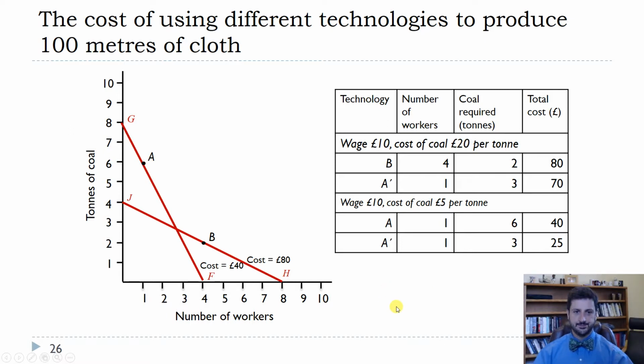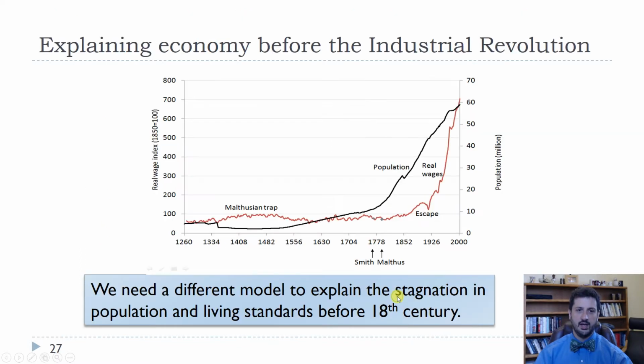So there might be a point like point A prime here that is cheaper than producing at either point B or point A. But firms wouldn't use it because the technology did not exist, but it might exist in the future.